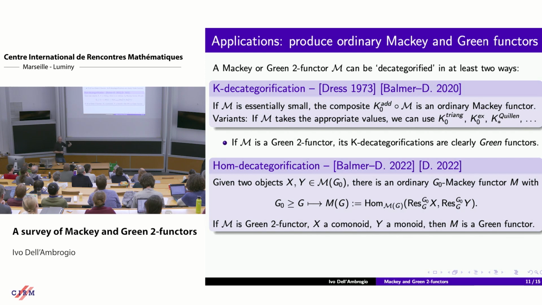And you have to prove it. It's not obvious. The projection formula here for the ordinary Green functor does not come straight from the categorified projection formula. It's complicated. But it's always true. And this explains why group cohomology, maybe with coefficients, is a Mackey functor, okay? Or a Green functor, for example. And you can do, I didn't say it, but you can do global versions. You don't have to fix G0.